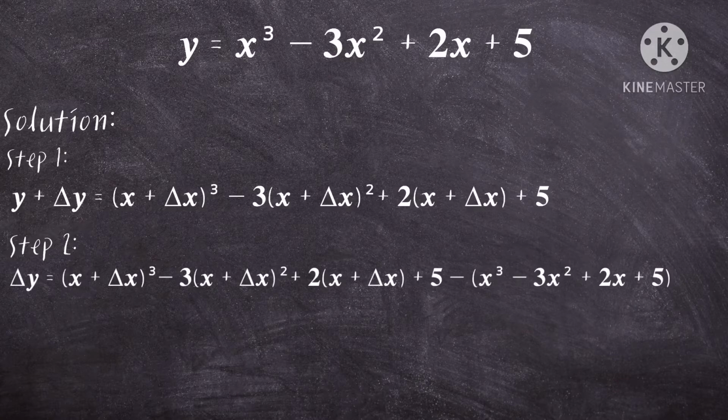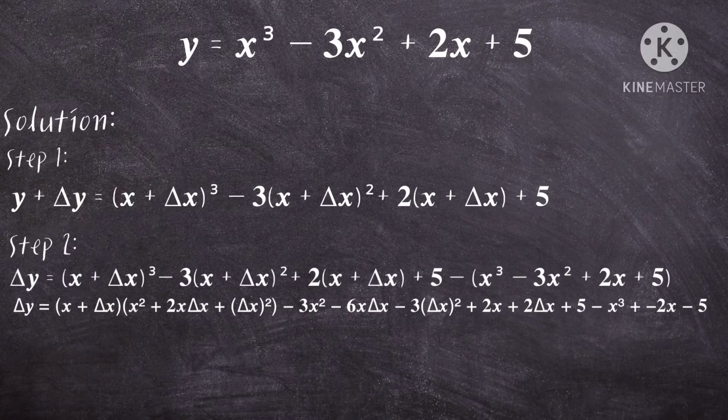Delta y equals (x plus delta x) cubed minus 3 times (x plus delta x) squared plus 2 times (x plus delta x) plus 5, subtract x cubed minus 3x squared plus 2x plus 5. So we will compute the equation and combine like terms.